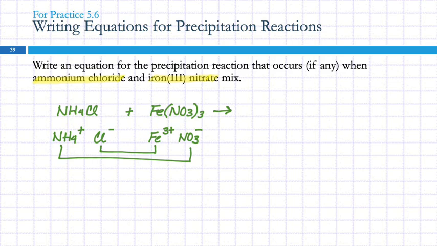There has to be a positive ion and a negative ion. It's just electrical charges, they just work that way. So I'm going to write these guys under my equation over here. So here's NH4 plus with NO3 minus and Fe3 plus with Cl minus. It doesn't matter if you put ammonium and nitrate first or Fe3 and chlorine first. What does matter is that in these pairs, we always put the positive ion first and the negative ion second.